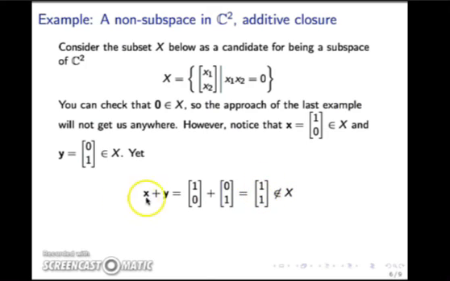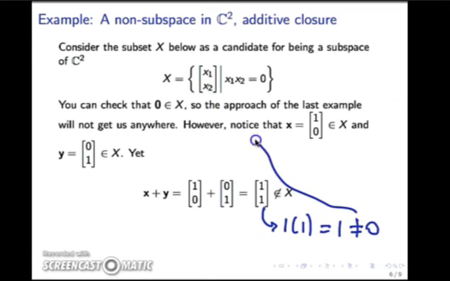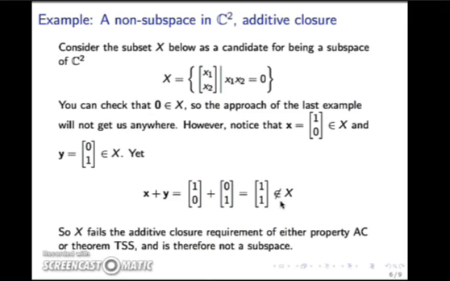We can easily see that this x plus y is not a member of X, because the entries of the new vector do not satisfy the requirement: 1 times 1 is equal to 1, and 1 is not 0, so these entries contradict the requirement for being a member of X. While individually little x is a member of this set and little y is a member of that set, the sum is a new vector that is not a member, and therefore addition doesn't have closure on this set. This fails the additive closure requirement.